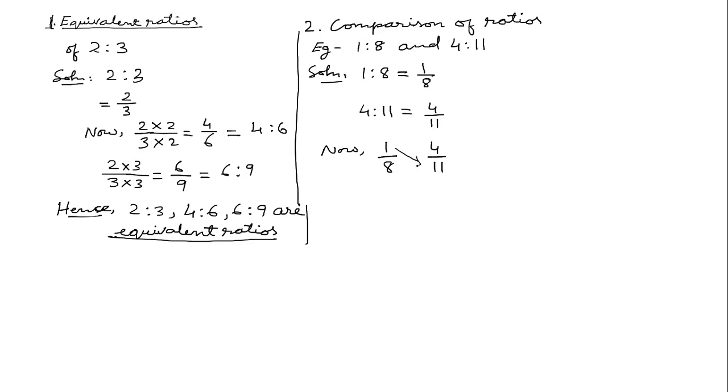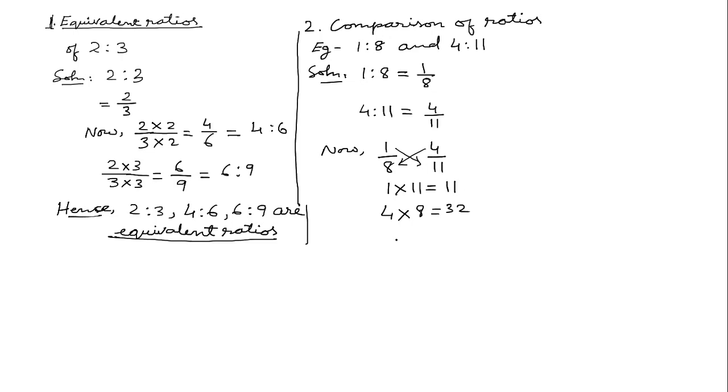Cross multiplying numerator of the first with denominator of the second, we get 11. Then numerator of the second multiplying with denominator of the first, we get 32.